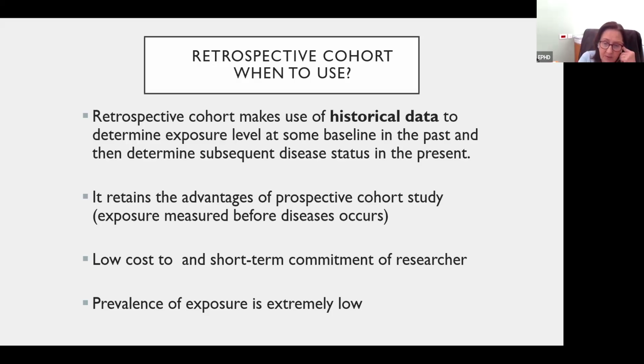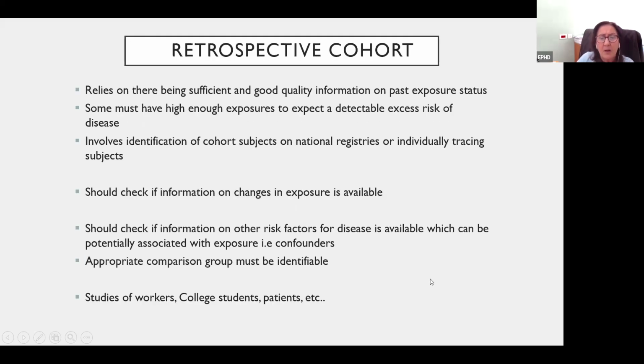I go back to some of the factories that manufacture those detergents, and then we check on them, we see the employment records to see how many of them at this point in time have been diagnosed with cancer, leukemia, or other types of cancer. Retrospective cohort is really good. As I said, low cost, minimum resources, much less commitment from the researcher, but it depends on several things.